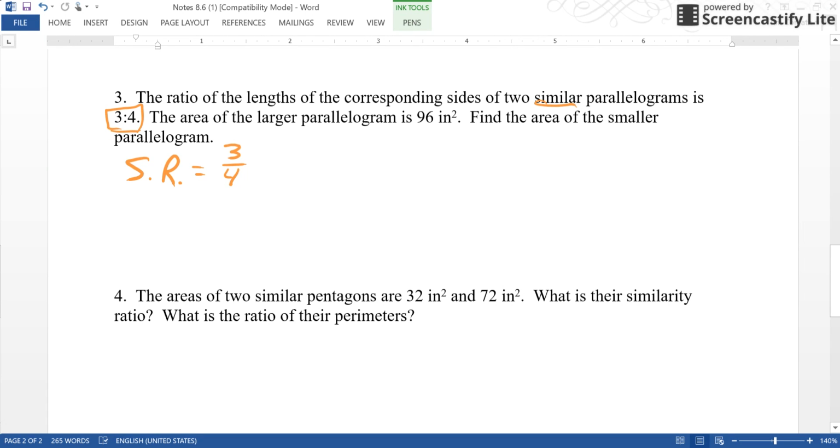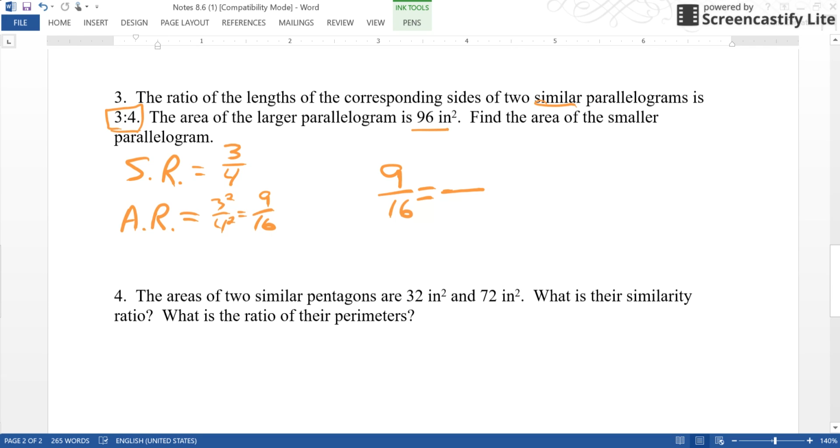The area of the larger parallelogram is 96 inches squared. Find the area of the smaller one. Well, if I know the similarity ratio, can I find the area ratio? Well, I know that's 3 squared over 4 squared, which is 9 over 16.